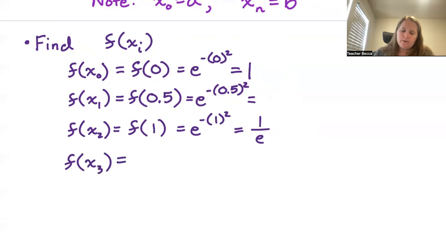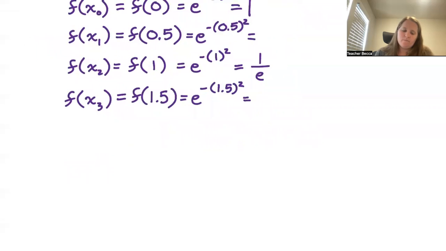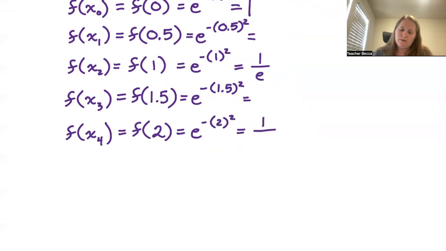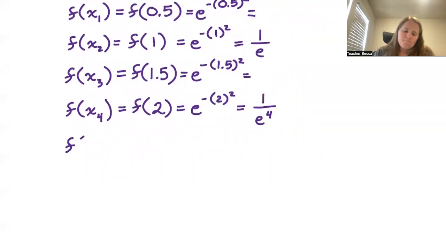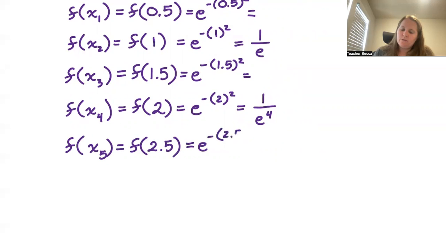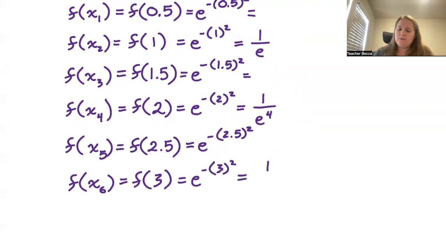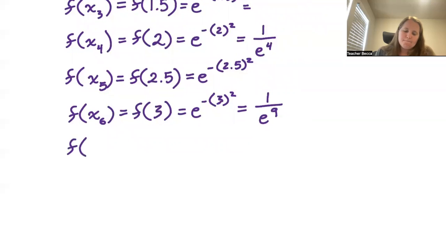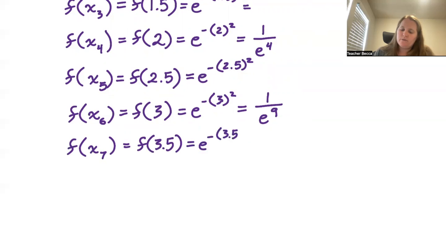f of x3, we are looking at f of 1.5, or e to the negative 1.5 squared. f of x4, we are looking at f of 2, or e to the negative 2 squared, otherwise known as 1 over e to the 4th. f of x5, we are looking at f of 2.5, or e to the negative 2.5 squared. f of x6, we are looking at f of 3, or e to the negative 3 squared, otherwise known as 1 over e to the 9th. f of x7, we have f of 3.5, or e to the negative 3.5 squared.